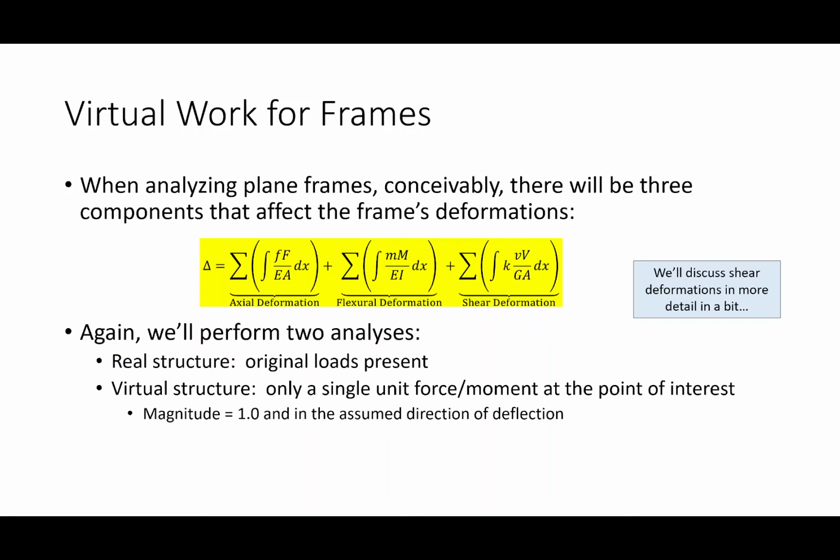And I want to show you what happens when we look at a frame problem and we consider both axial deformations and shear deformations. What we're going to find is that one of these is really important and one of them isn't. And the only way to show you is to just do the math and go through an example. So for now, we're not going to worry about shear deformations. We're only going to look at axial and flexural, but we'll look at that here in a little bit.